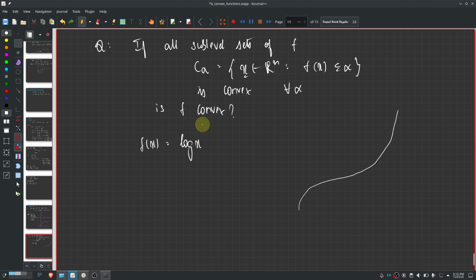Let me see. Well, monotonicity in general, I don't think so. You could come up with some weird examples where it's not monotone, not convex, but still the sublevel sets are convex.